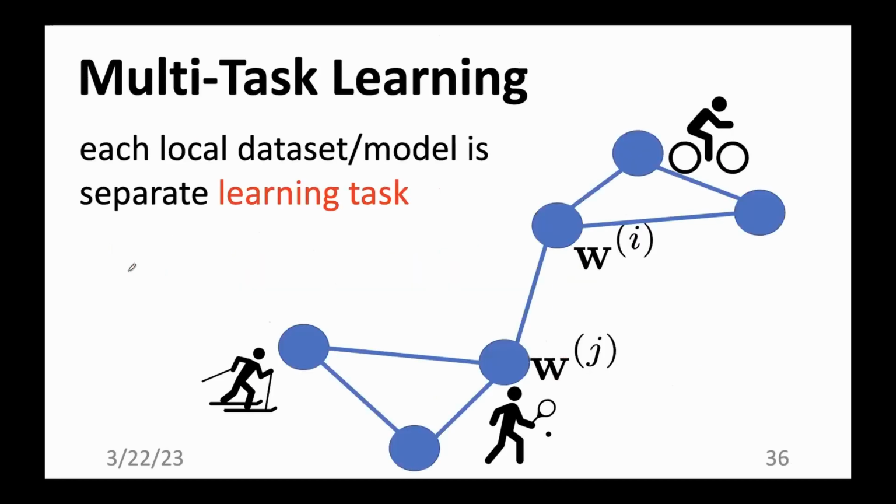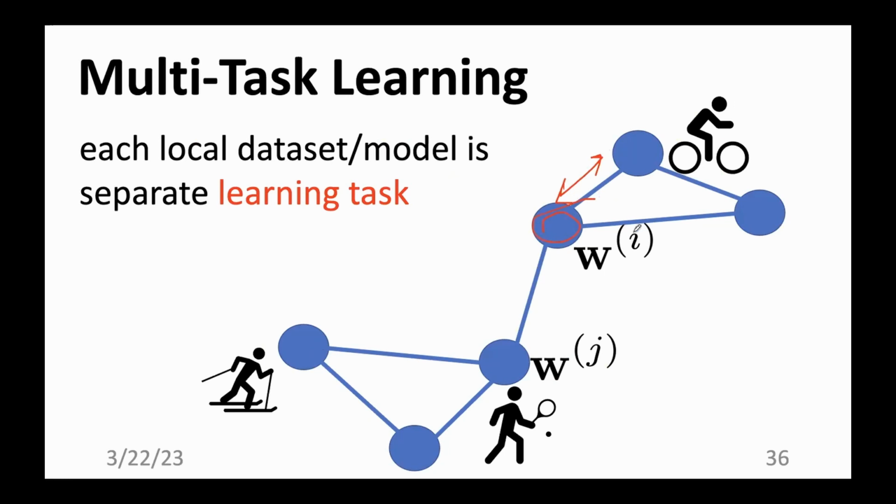Some interpretations. So this learning problem, or the algorithms that we obtain by solving this learning problem, can be interpreted as multitask learning algorithms, because each local data set and fitting a local model on it is a learning task. What we now do is couple these learning tasks, which is a form of multitask learning.